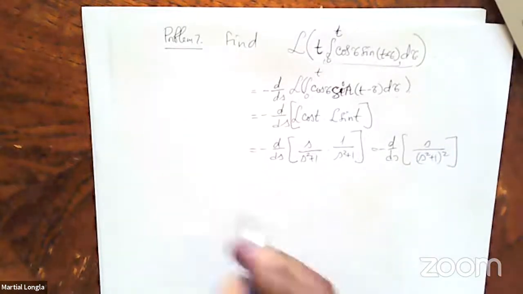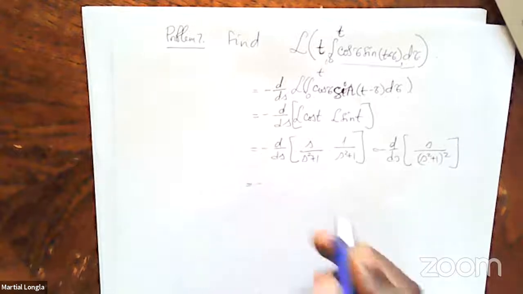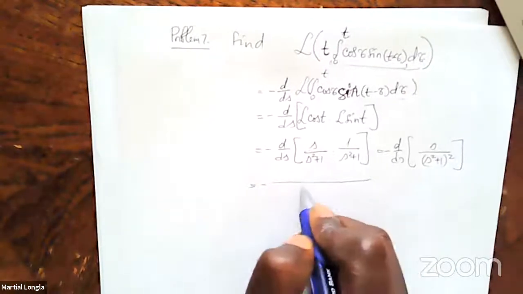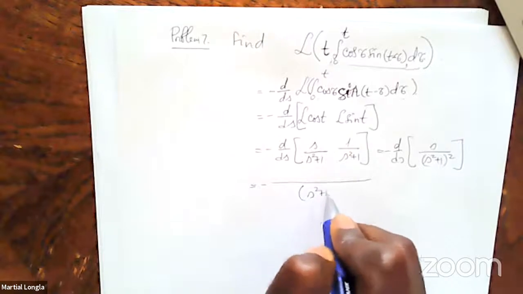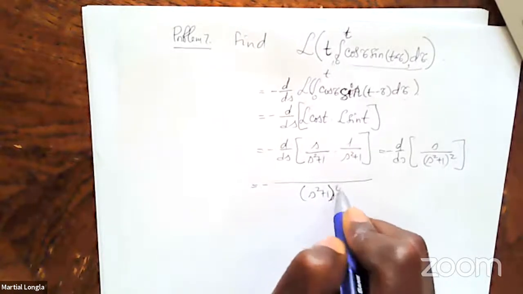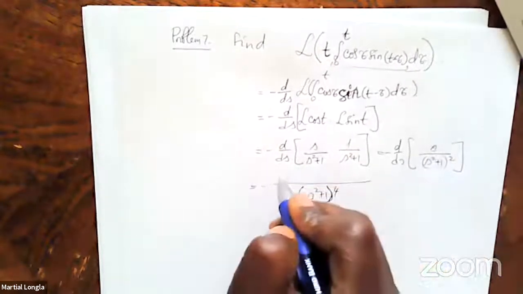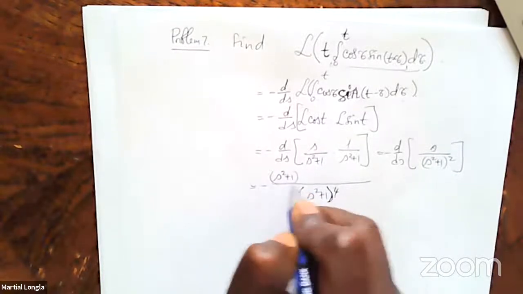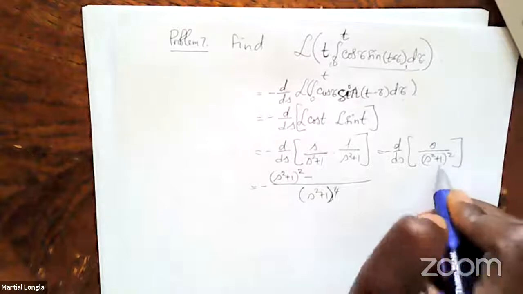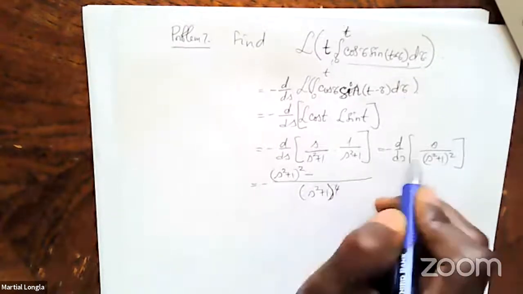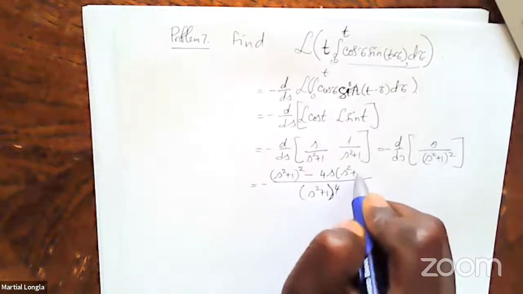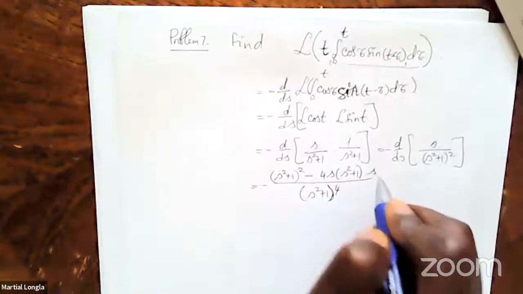So you have to take that derivative and multiply by minus. And so that's over (s squared plus 1) to the power 4. Derivative of this times (s squared plus 1) squared minus derivative of this, 2 times 2s, that's 4s times (s squared plus 1) times s.